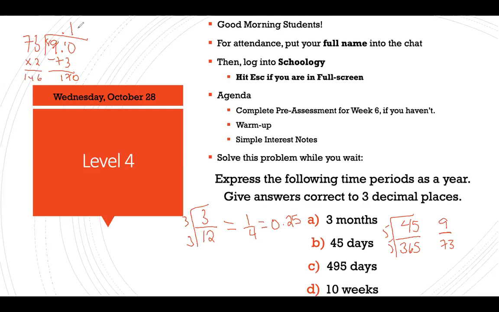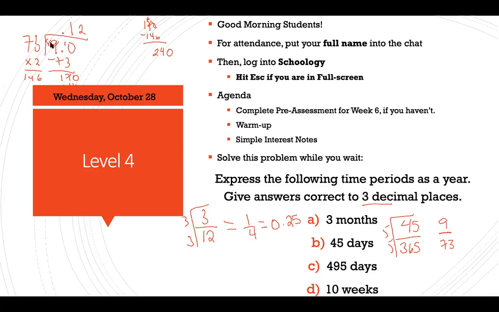That's 73. So it's 90 minus 73 is 17, so that's 170 minus 146. That's 24. Makes that 240. So I'm going to stop because I said only to 3 decimal places, right? So I'll stop after this decimal place. Well, I might have to round. We'll see. Okay, so 240.